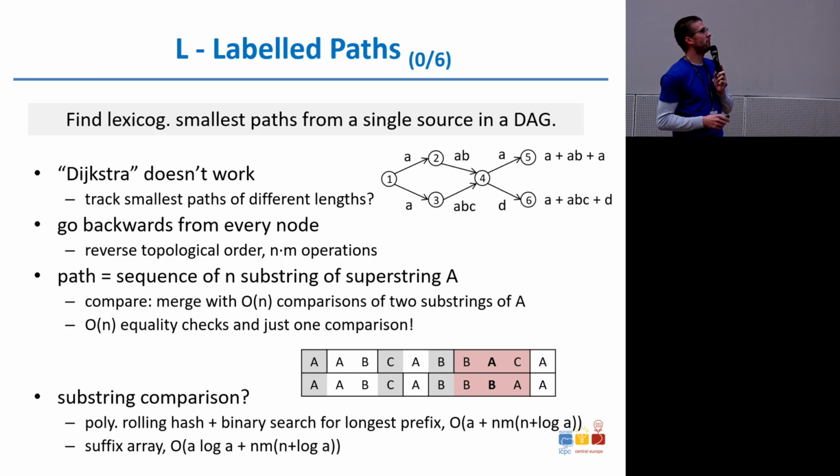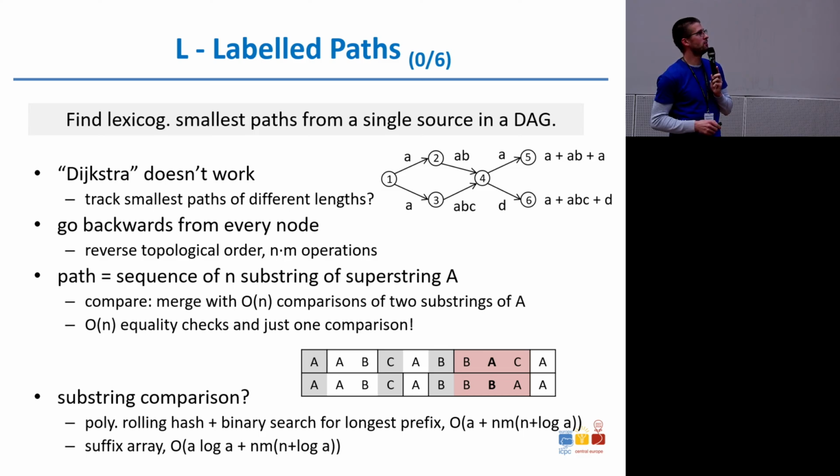We need to compare two such sequences, and basically we can merge them. If we look at two sequences, the first one is maybe just some substring A, then the next part is maybe AB, and then CAB, and so on. And the other one is a slightly different concatenation. Perhaps the first edge contained 4 characters, and so on.